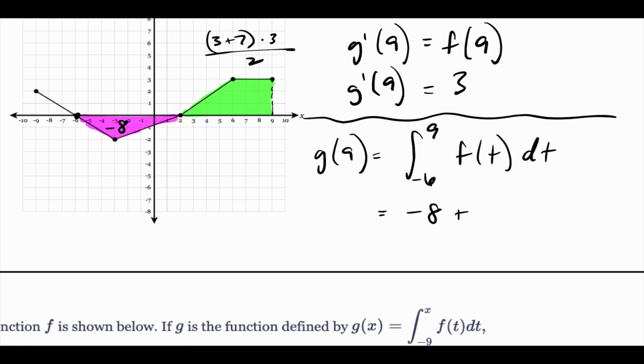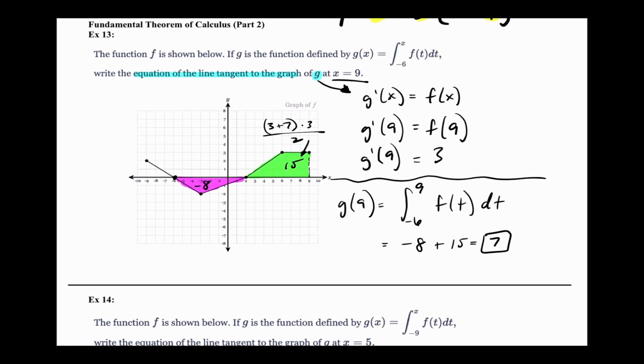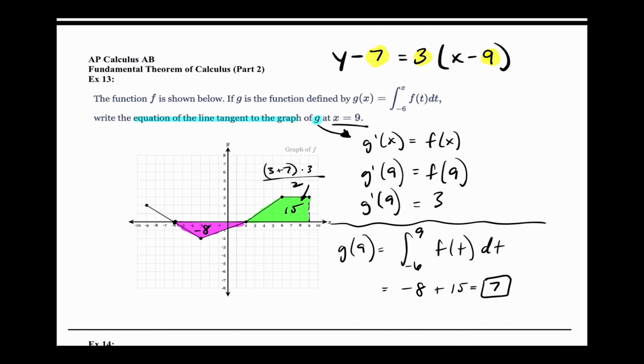So 10 times 3 divided by 2, 15. Yep. -8 plus 15 is +7. That's the y-coordinate. So when x is 9, y, or g of 9, is going to be 7. We put it up here. We're done. It's an equation. Didn't say what type of equation, just said an equation.